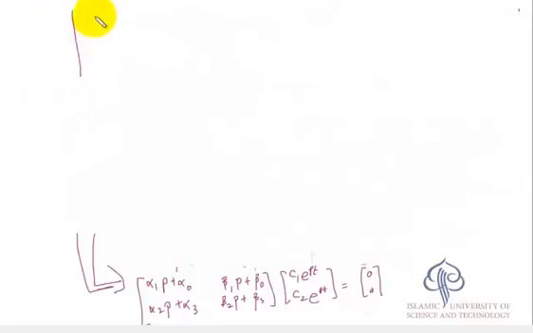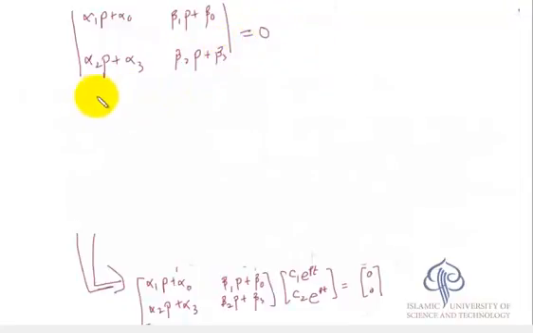The determinant of alpha 1p plus alpha 0, beta 1p plus beta 0, alpha 2p plus alpha 3, beta 2p plus beta 3 equal to 0. This is the characteristic equation.